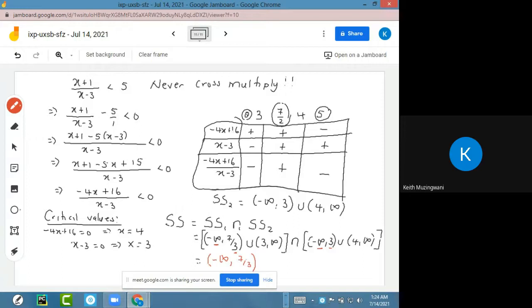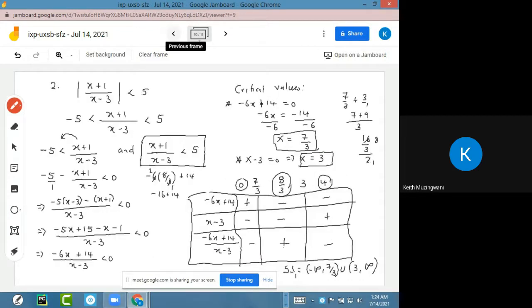Get it as it is. Union, move to this interval versus that interval. Between 3 and 4, get the biggest. The biggest is 4. And between infinite and infinite, get the smallest. Now you find that they are the same. So this is our solution set satisfying our inequality, x plus 1 over x minus 3 is less than 5.